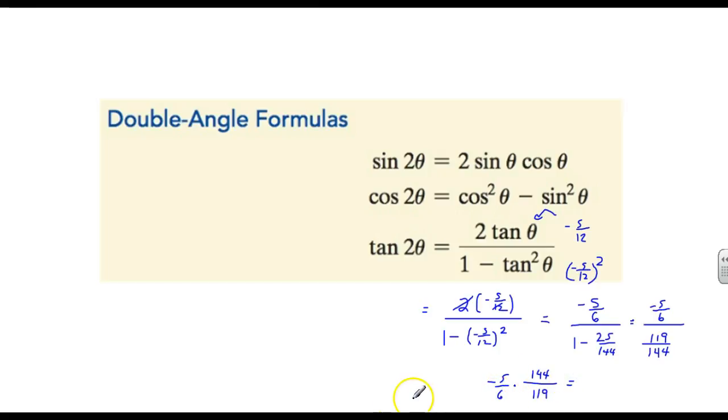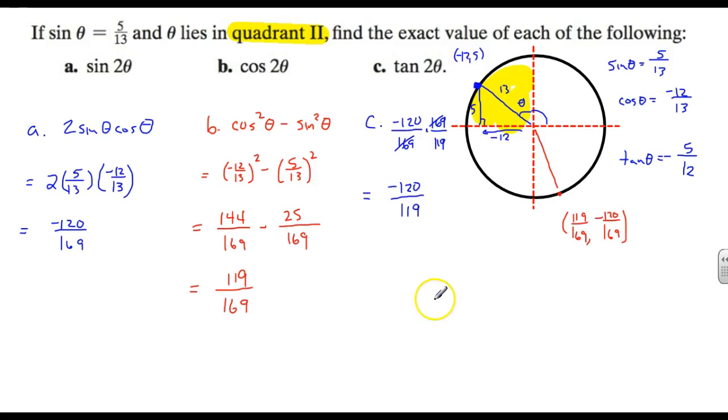We get a 119 on the bottom. And then we can reduce. Alright, 6 goes into 14 2 times, remainder of 2. 6 goes into 24 4 times. And then negative 5 times 24 is negative 120 over 119, which is what we got right here.